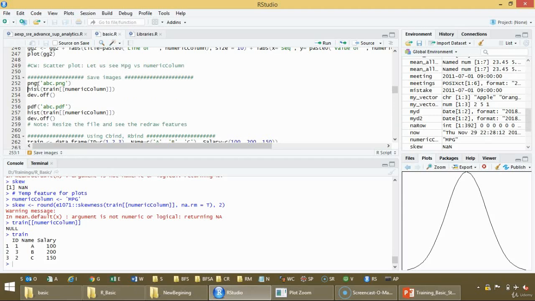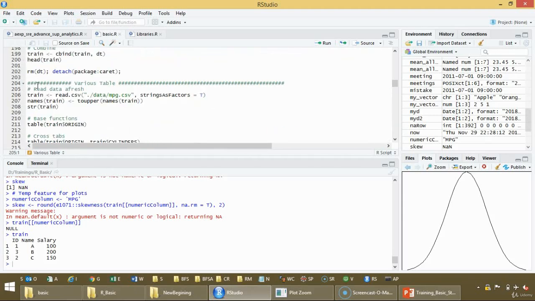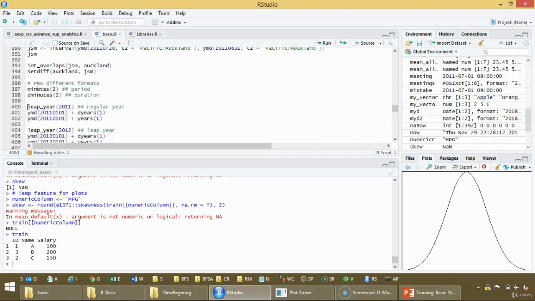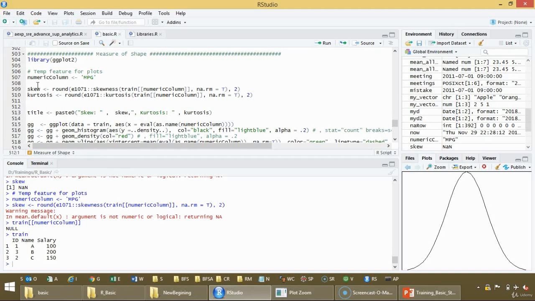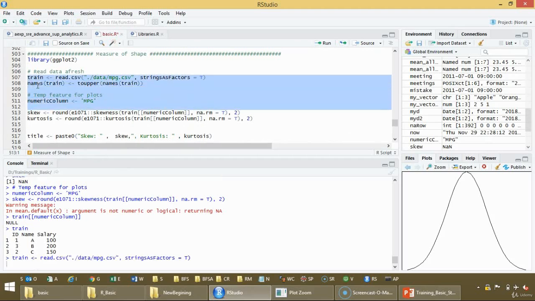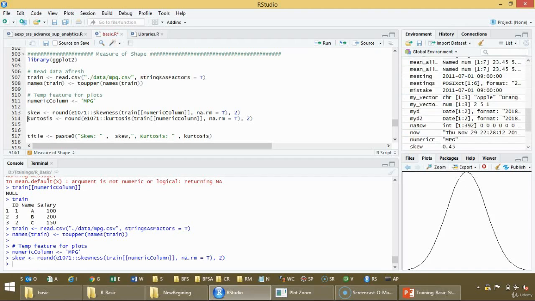No problem. This happens when you try to work with multiple things together. It happens. So I'm loading this again. Okay, now it should work. See, it has done it.